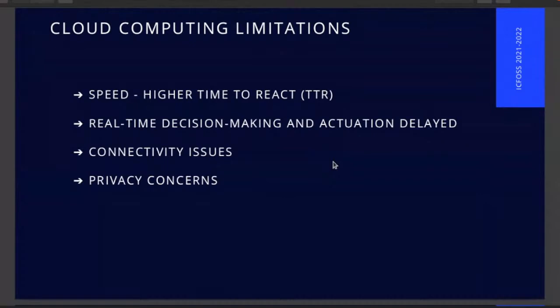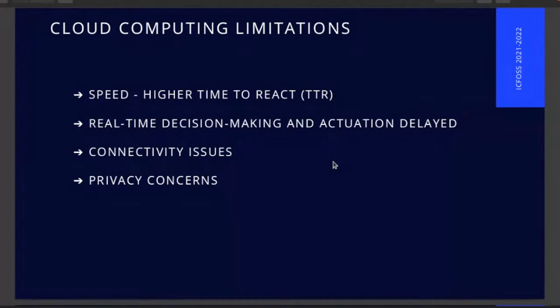The next one is the connectivity issue. The IoT device only works when the internet or some communication is available. If actuation is needed in your device and the IoT device needs to process the data in the cloud, then if there is no connection, the device may not work.